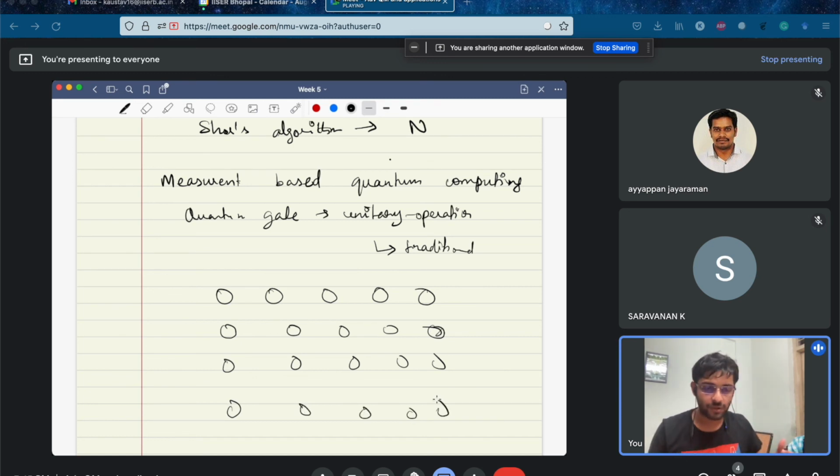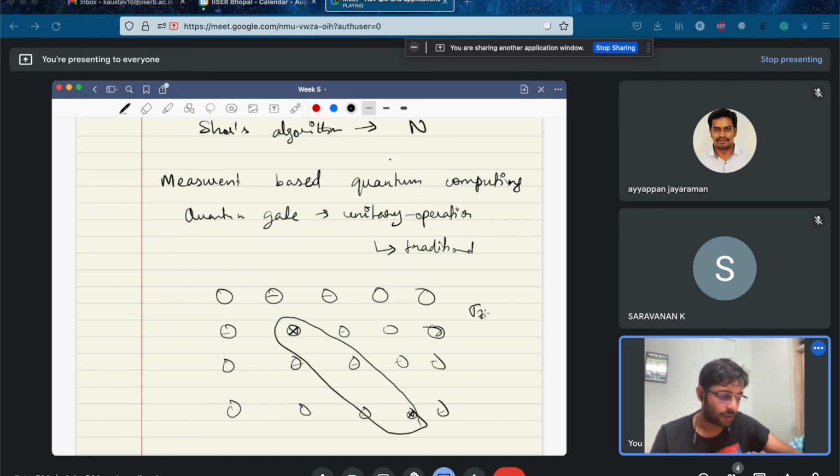So in measurement based quantum computing you need a lot more qubits, and if you want to create an entanglement between this qubit and this qubit, you basically measure the qubits around them to create this entanglement. They are actually using only sigma z and sigma x measurements, and through this set of measurements you can create an entanglement.